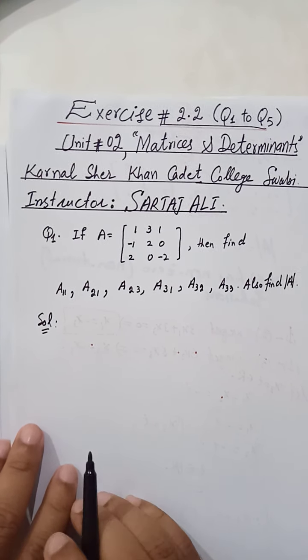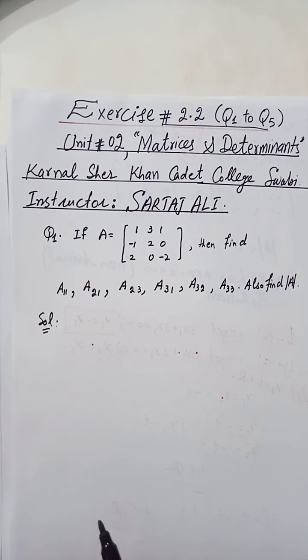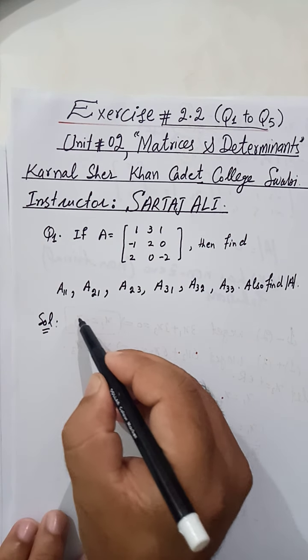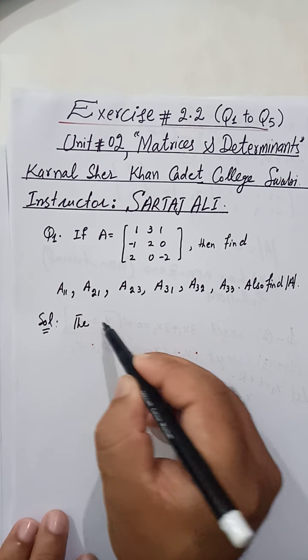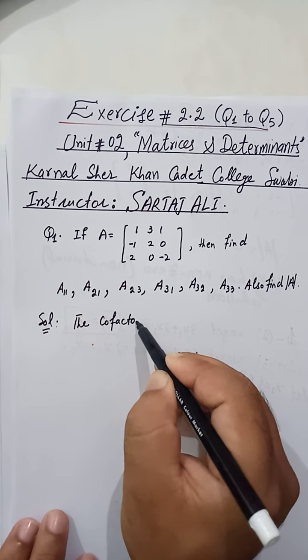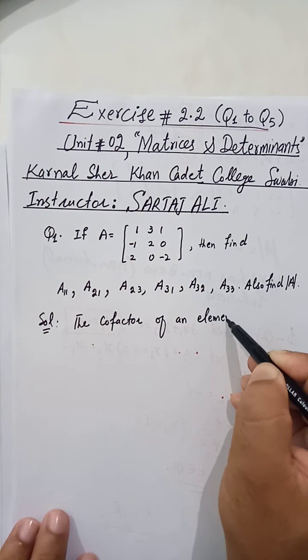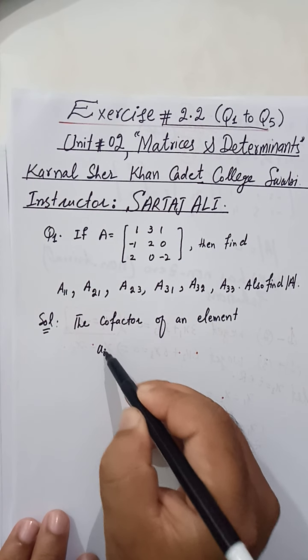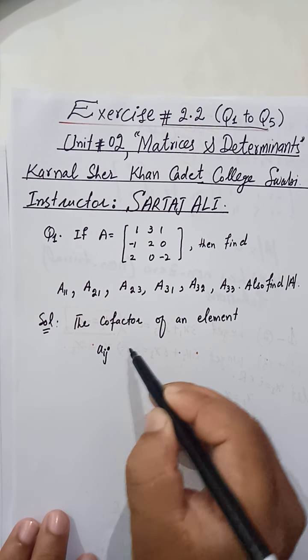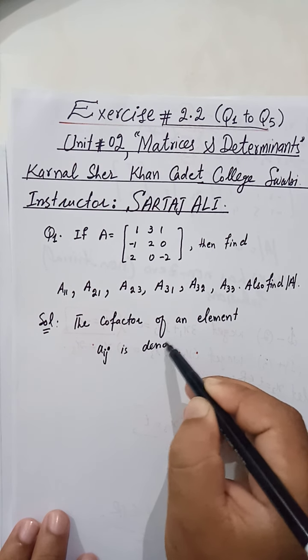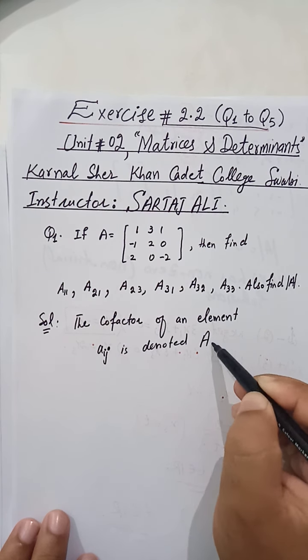You people know that the general definition of a cofactor is, if you want to find out the cofactor of an element small aij, in general the cofactor of an element, let's say aij, is denoted by capital Aij.